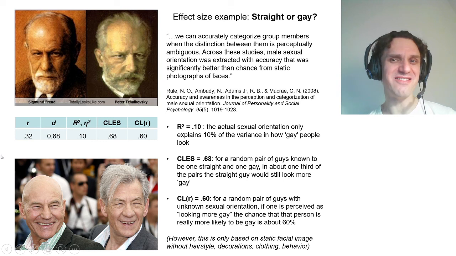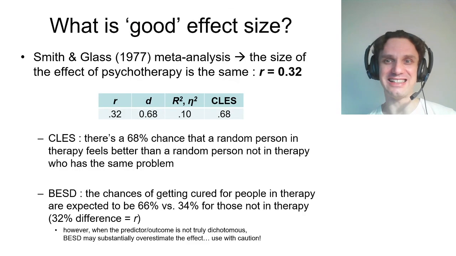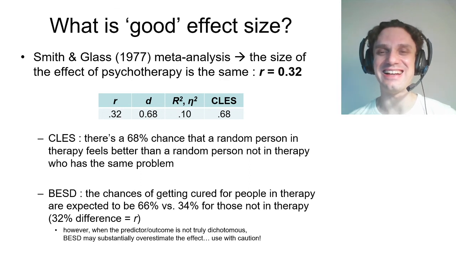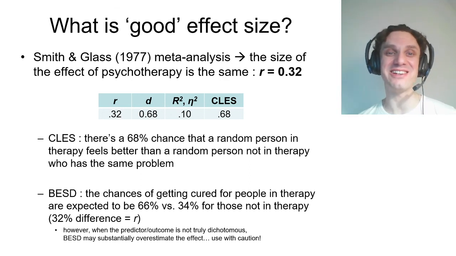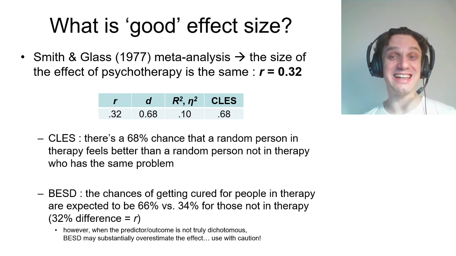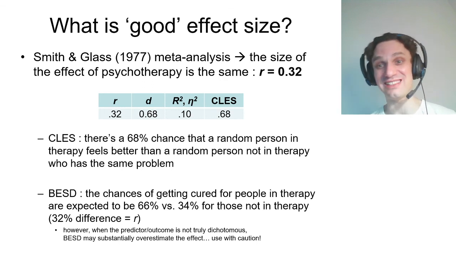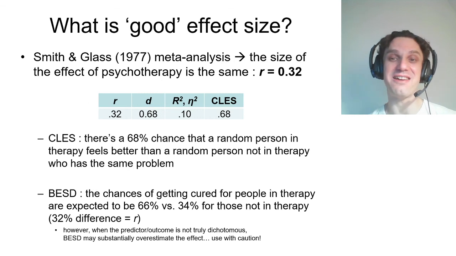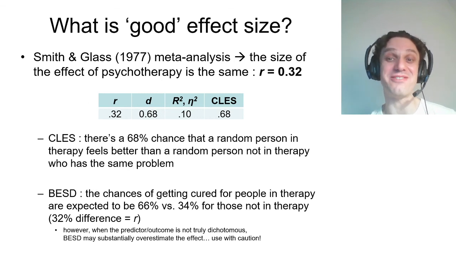So why did I even take this effect? It's not because this topic is very special, but just because, interestingly enough, this effect of people's ability to tell between straight and gay men corresponds exactly numerically to another very classical effect size discovered long ago in the classical study of Smith and Glass, when they investigated the efficacy of psychotherapy.